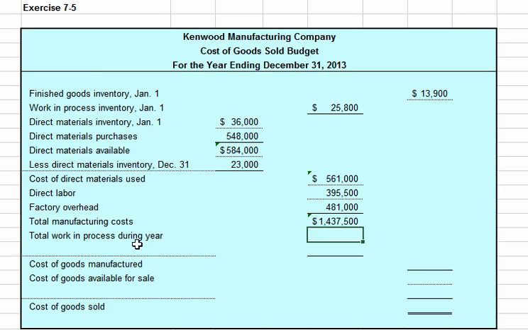Then to get total work in process during the year, we'd add that year's manufacturing cost plus beginning work in process. So it's going to be beginning work in process plus everything added to work in process throughout the year, total manufacturing costs. So a total work in process during the year, $1,463,300. Then to get cost of goods manufactured, we need to deduct ending work in process. So we'll say less work in process December 31.